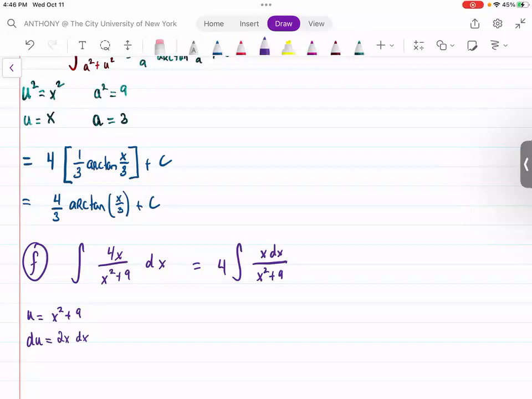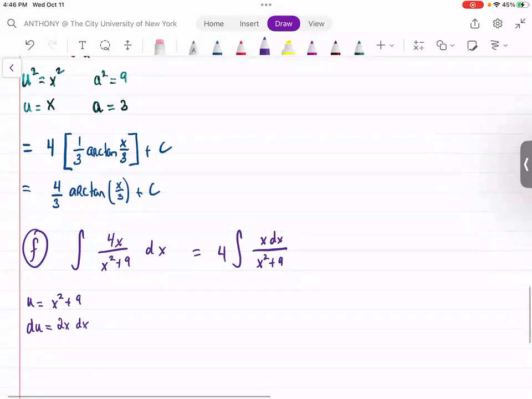But inside of the second integral, it's x dx. Our du is 2x dx. So what do you think I have to do to that equation? Multiply it by 1/2, right? So if I multiply it by 1/2, you get 1/2 of du equals 1/2 of 2 times x dx.